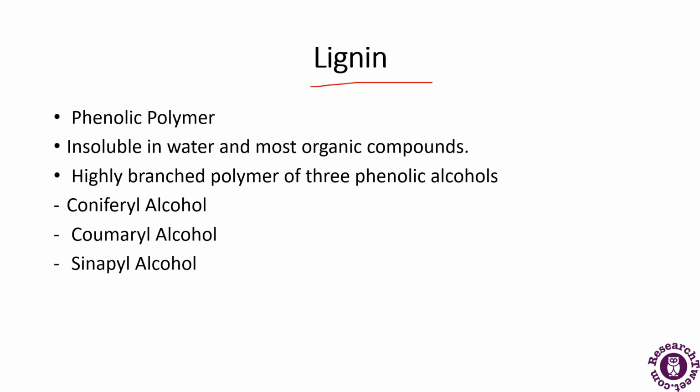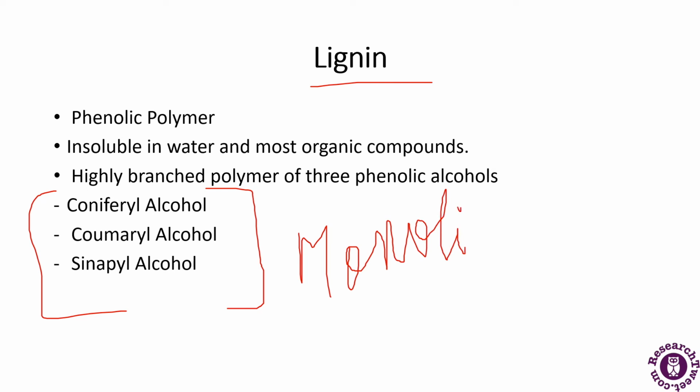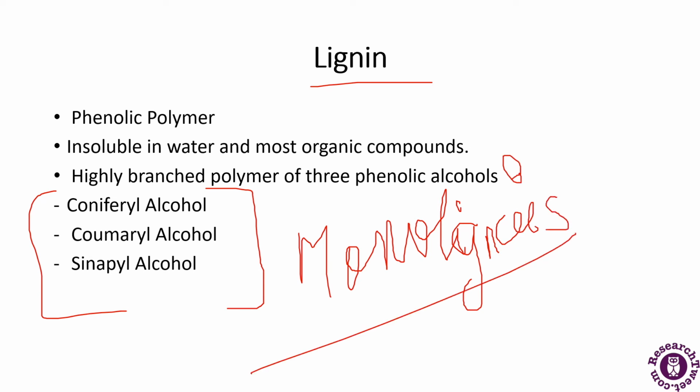Next we will talk about lignin. Lignin is a phenolic polymer, a highly branched polymer of three phenolic alcohols, also known as monolignols. These precursors of lignin are synthesized from phenylalanine and secreted to the wall.